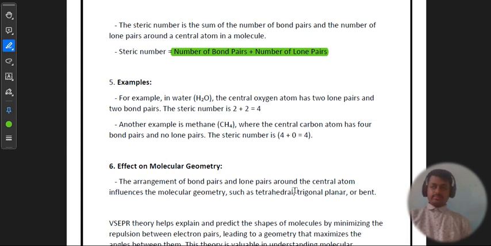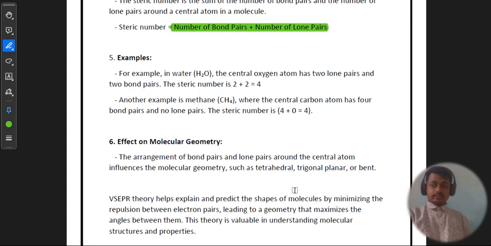The central atom carbon has 4 bonds with hydrogen atoms, resulting in 4 bond pairs and 0 lone pairs. This has a different structure than water, although both have the same steric number, because there is a difference in lone pairs and bond pairs.